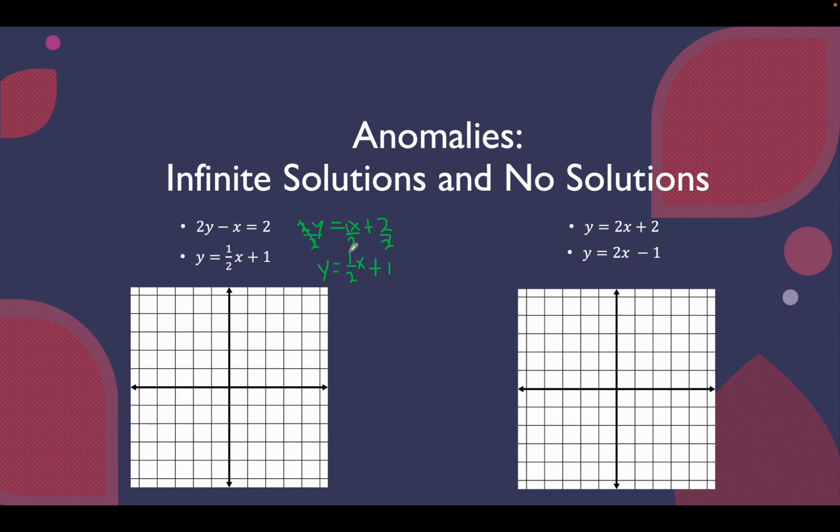So let's go ahead and graph this one here. I would find, it looks like it crosses the y-intercept at 1. And my rise is 1 over 2.